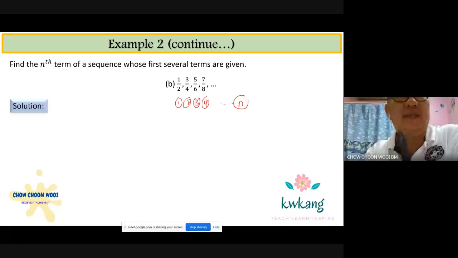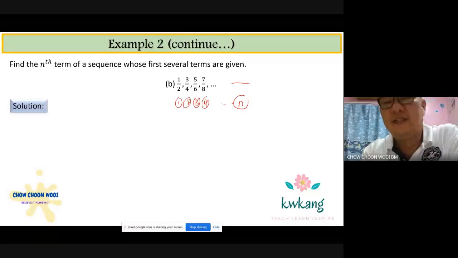Kita tengok, we need to study the pattern. Kena study lah bentuk dia. So dia adalah bentuk pecahan. Macam tu lah. Sebelum tunjuk jawapan, I show you how to get the answer, pecahan.